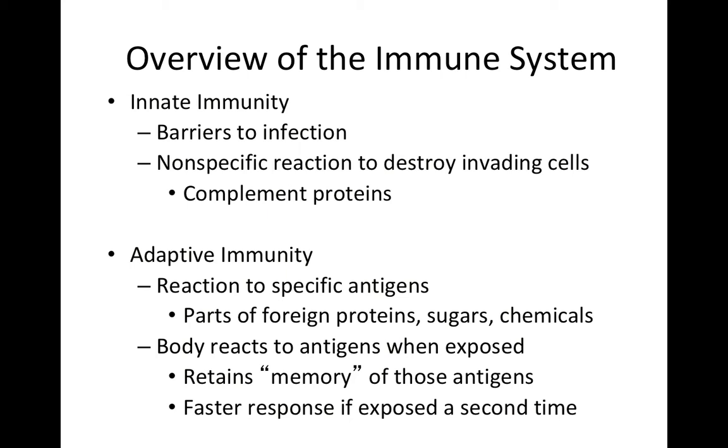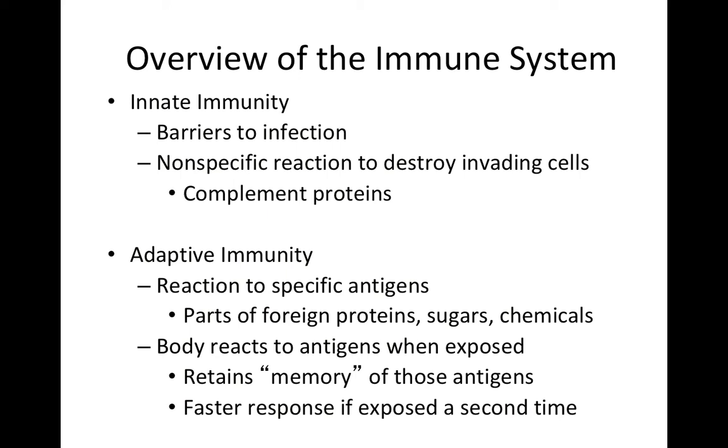It is nonspecific in that the innate immune system has the ability to recognize common structures on the surface of microorganisms, and then to make an immune response against them. So someone with a really good innate immune system will not get as sick as someone with a weaker immune system. You won't get sick as often, right?